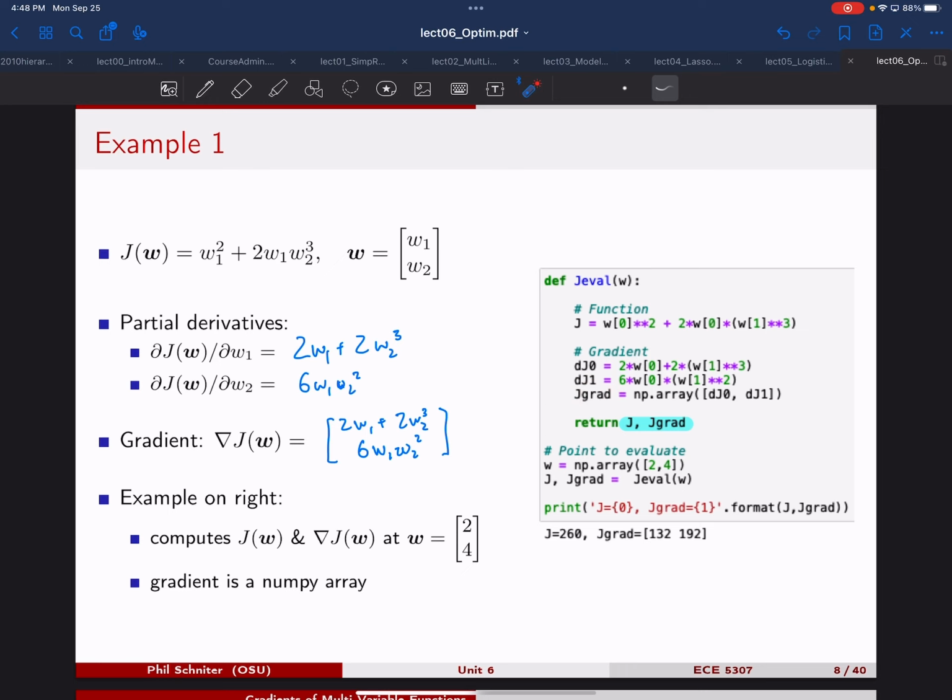So we want to pack this into a NumPy array. And then here's an example of how you use this. We're just creating an example of W that happens to be the numbers 2 and 4. Then we're sticking that vector into our function, and out comes the cost and the gradient, and then we're printing them, and these are the values that we're getting.